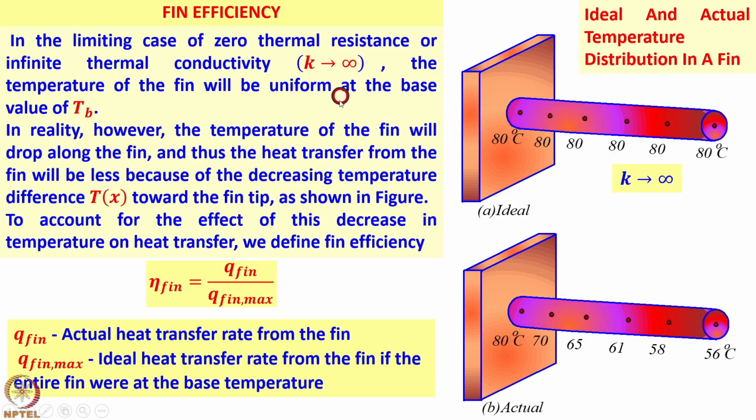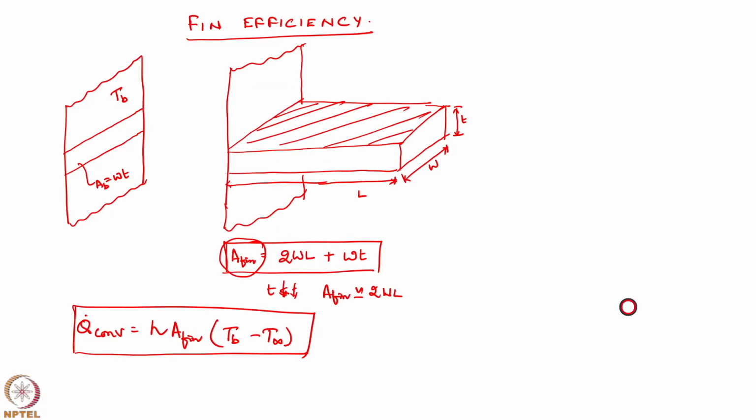However, in reality the temperature of the fin will drop like 80, 70, 65, 61, 58, 56, because of finite conductivity. So, we take the infinite K case as ideal, compare our fin with it, and find the efficiency of the fin.